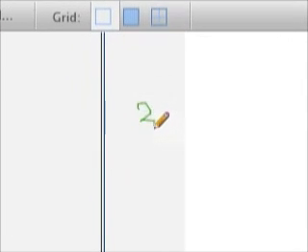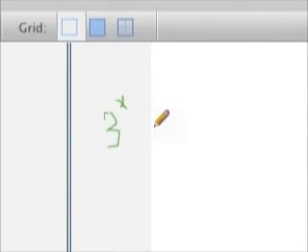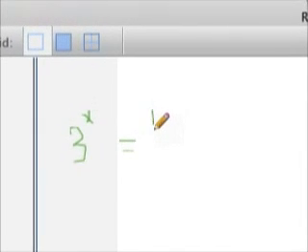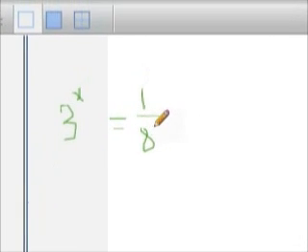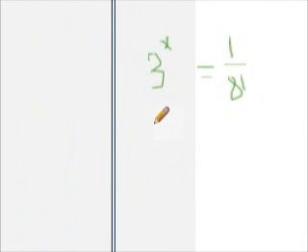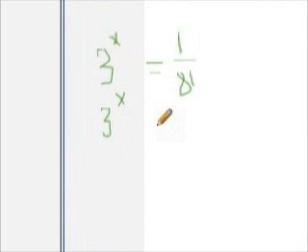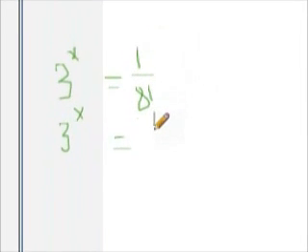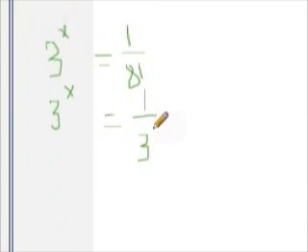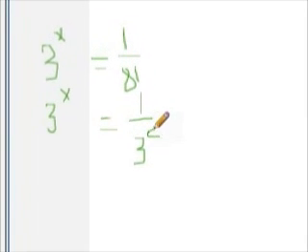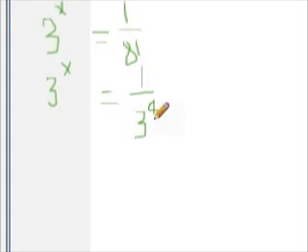If I have 3 to the power of x equal to 1 over 81, we can rewrite this as 3 to the power of x equals 1 over 3 to the power of 4. Why? Because we know 3 times 3 is 9, 3 times 9 is 27, 3 times 27 is 81.